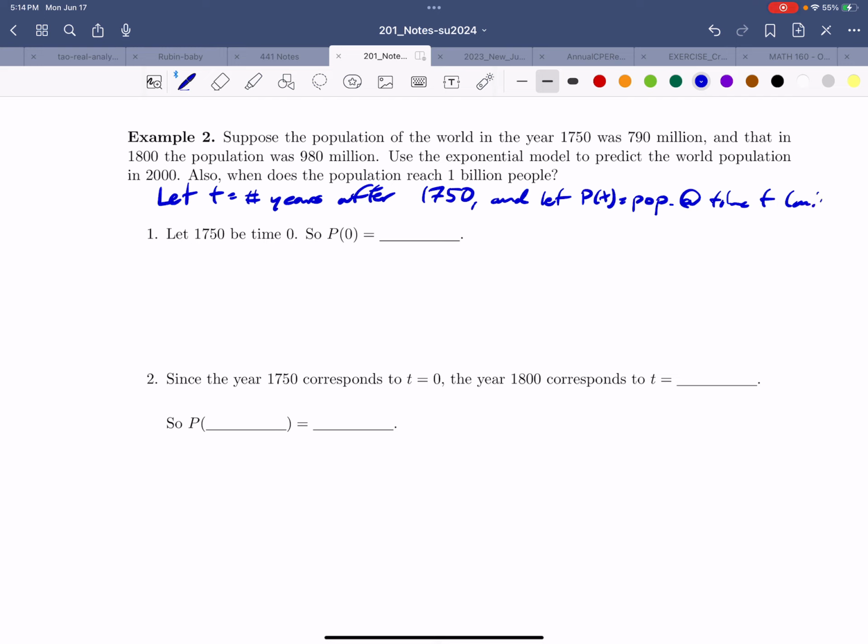I'll just write millions. So let 1750 be time 0. Do you see how that just follows from this definition?